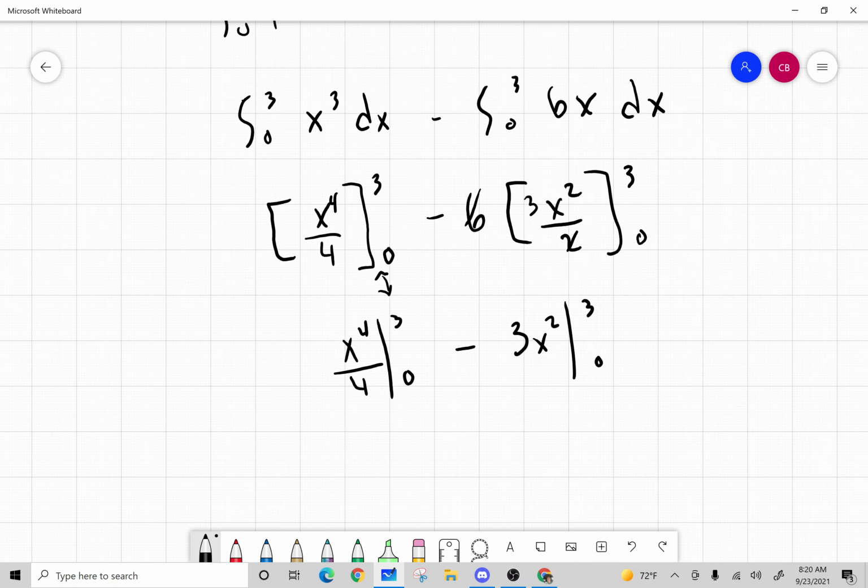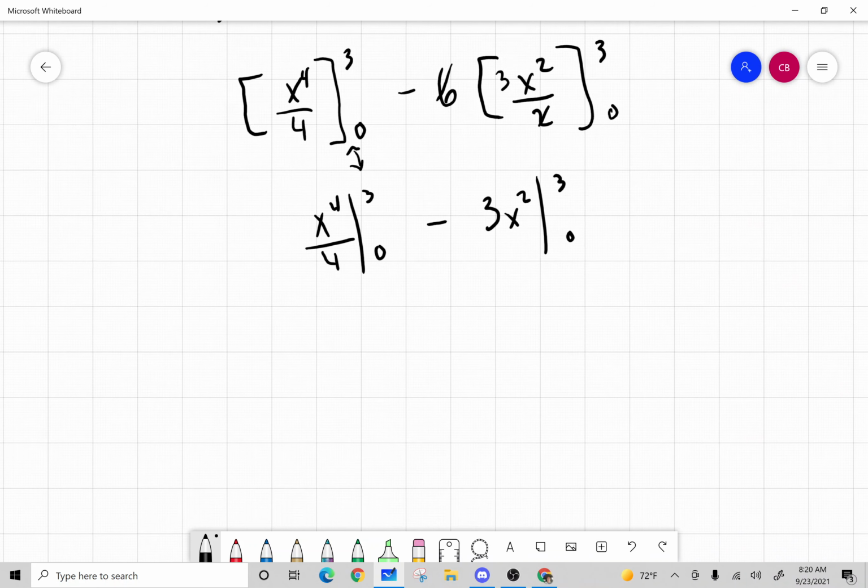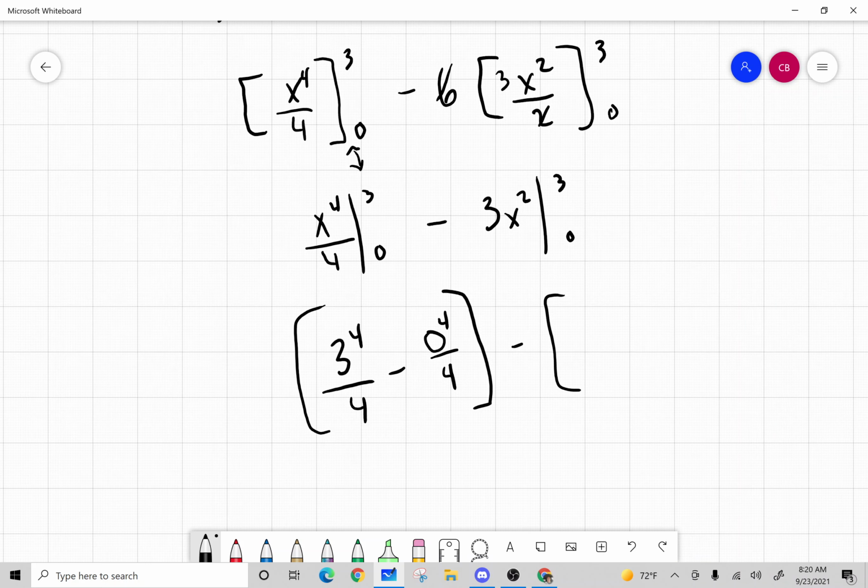3 to 0. Now we're going to plug in these values. We plug 3 into this x to the 4th, so we get 3 to the 4th over 4 minus 0 to the 4th over 4. That's the first part. Minus, notice I'm putting parentheses because we have a minus here and we're going to subtract, so we don't want to screw anything up. We've got 3 squared minus 0 squared.